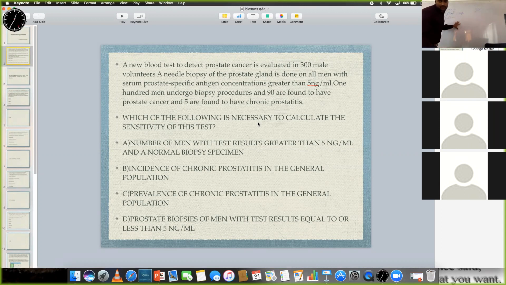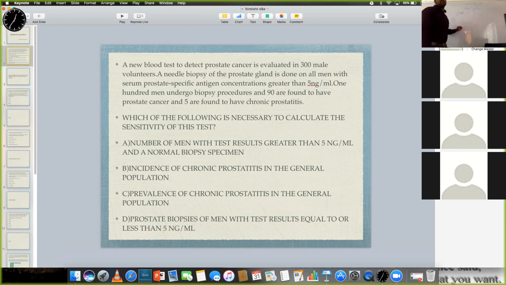How many guys? 90 of them have prostate cancer. And here is no prostate cancer. People greater than 5 nanogram, how many? 90.